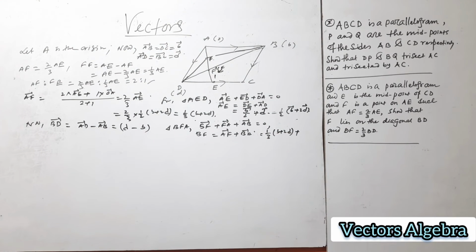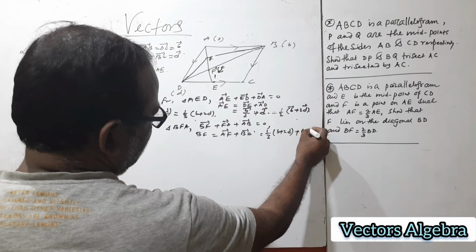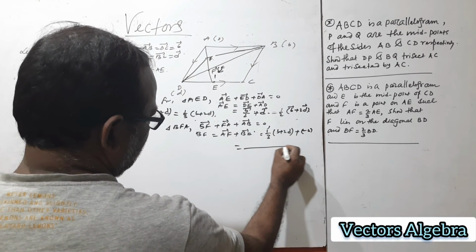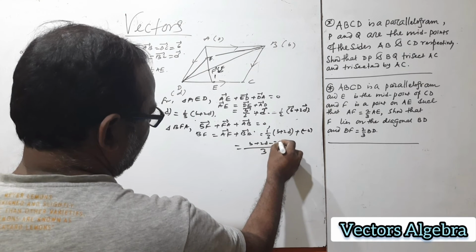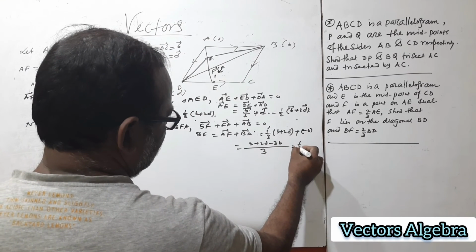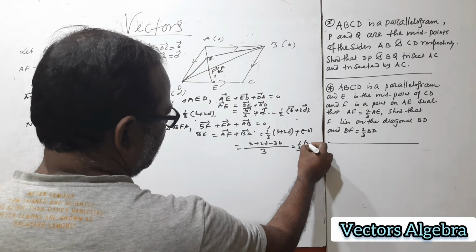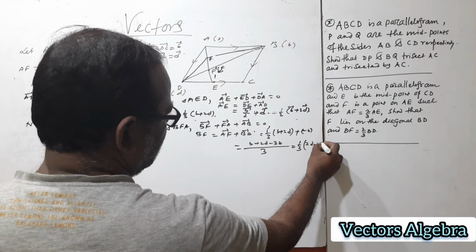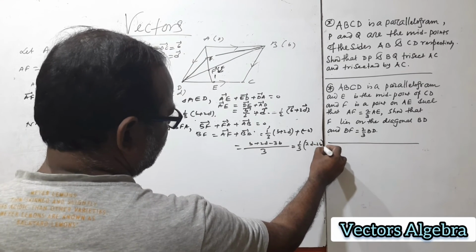And BA that is minus b. So b plus 2d minus 3b, this is 1/3 of 2d minus 2b.